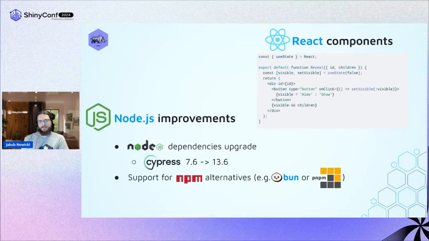We migrated from version 7 to 13, so there are plenty of new things that you can use in your end-to-end tests. Also, a small but really cool thing is that Rhino now supports NPM alternatives. So there are great and super fast replacements for the basic Node.js setup like Bun or PNPM, and Rhino now simply is ready for them.